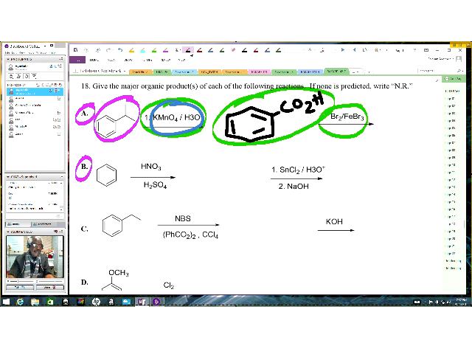Meta-bromo, exactly. Metabromobenzoic acid. Excellent. Let us go ahead and write. This is here. Let us put our carboxyl group right here.